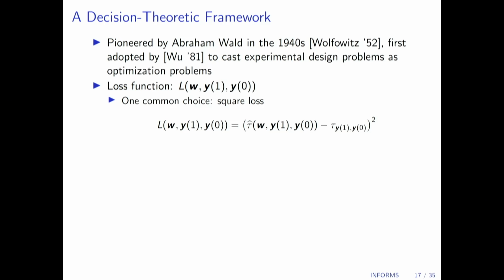And one common choice of the loss function is to take the square loss if we're interested in estimating the causal effect. So we take the difference between our estimator tau hat and the quantity that we would like to estimate, which is tau, and then we take the square loss. And this is one of the most popular choices if we're doing estimation.